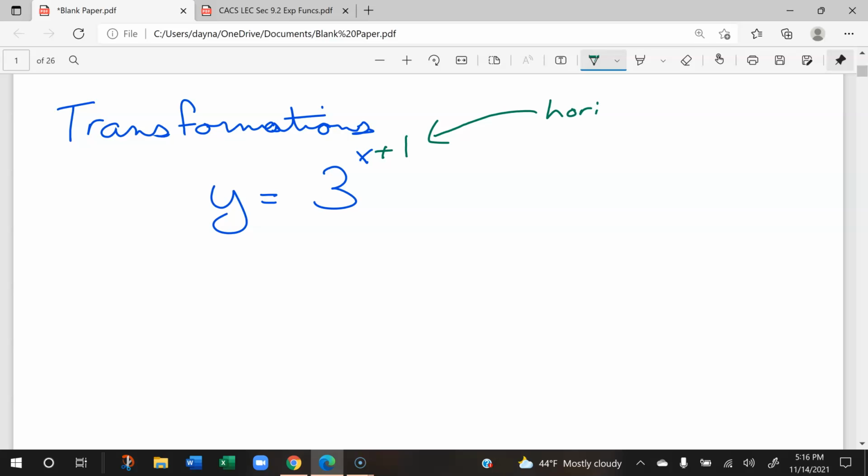This is our horizontal shift. It is just like anything that was inside the parentheses, underneath the radical, or inside the absolute value signs before. A positive will move us left, and a negative will move us right.